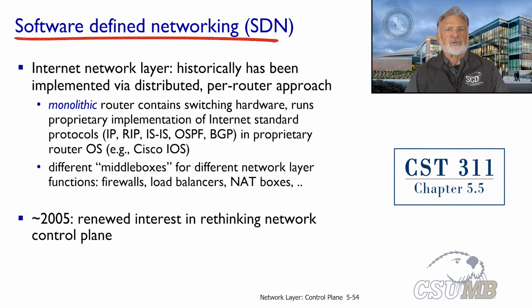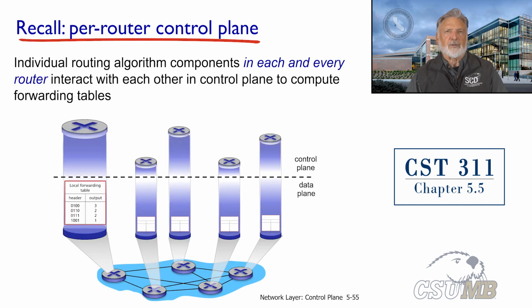There are two approaches to implementing the control plane. The first case, each router runs its own control plane. Or the second case, using a centralized controller. The next two slides, which depict the two approaches, should be familiar as we discussed them last week. The first slide depicts the traditional method.